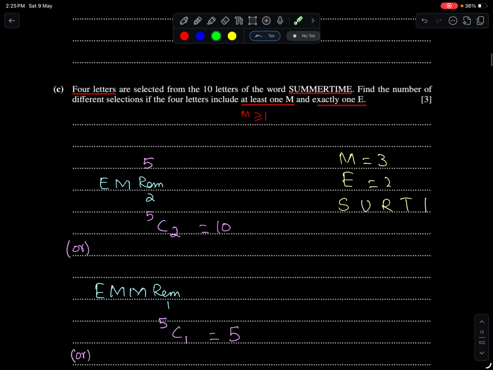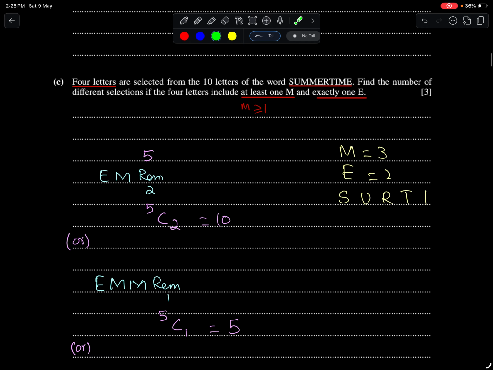Now this question is important. Combinations with repetitions. 4 letters are selected from the 10 letters of the word summertime. Find the number of different selections if the 4 letters include at least one M and exactly one E. So make all possible selections, right? 1 E, 1 M. Altogether we have 10 letters: 3 M's, 2 E's and 5 remaining.